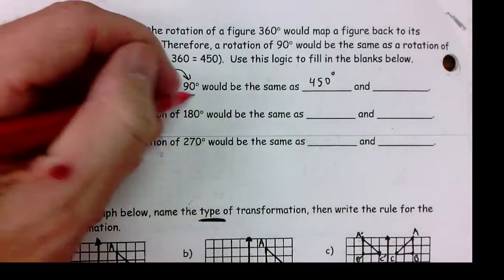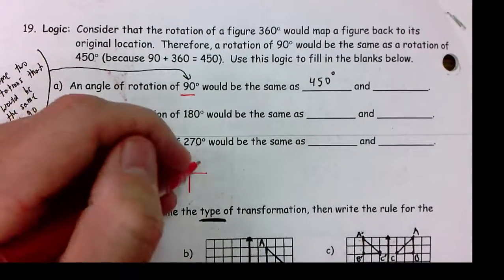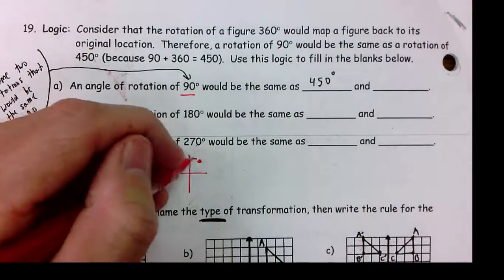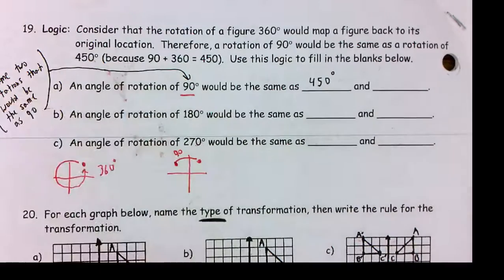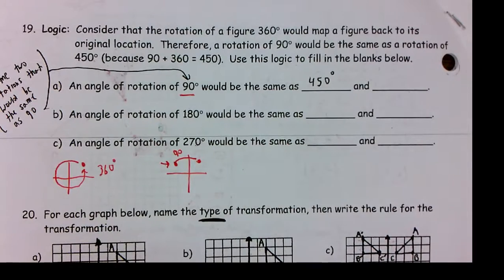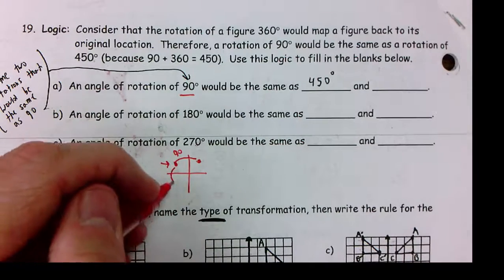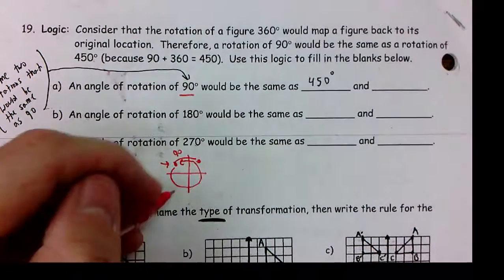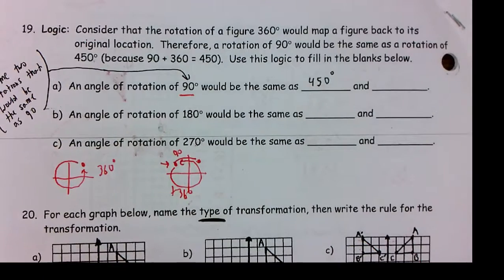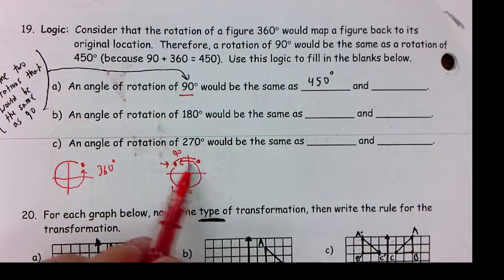Let's start with the 90 degree rotation. So I claim that if you had a point and it rotated 90 degrees, it would end up right here. But if it rotated 90 degrees and then another 360 degrees, it would end up right here also. 90 degrees would be exactly the same rotation as 90 plus another 360.